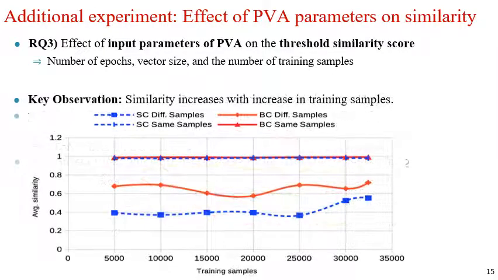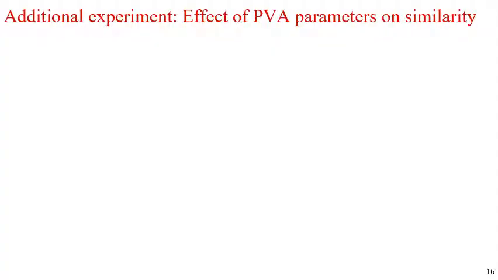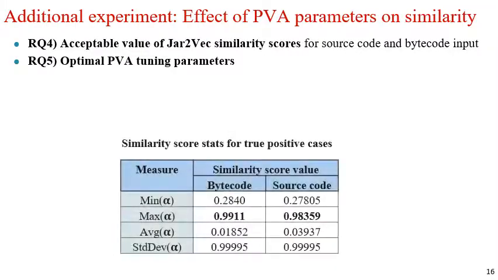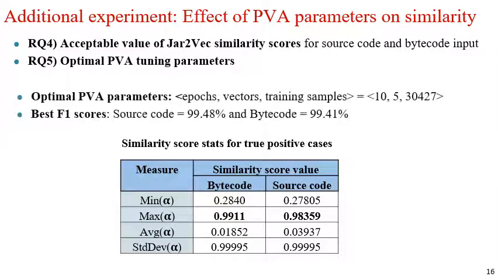We come to the conclusion that similarity increases with the increase in training samples, and it increases to a certain extent with epochs and vector size, but then it starts decreasing. That is the point where we need to find the threshold values of epochs and vector size. So this was the final step to find the threshold values and the similarity thresholds.